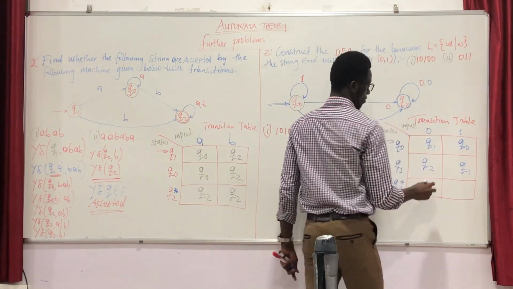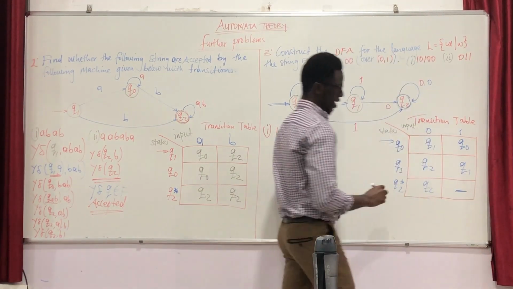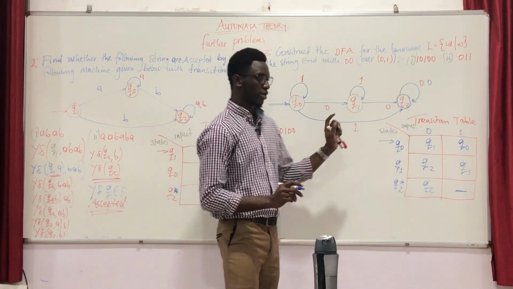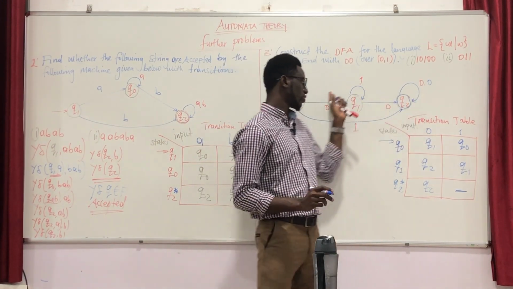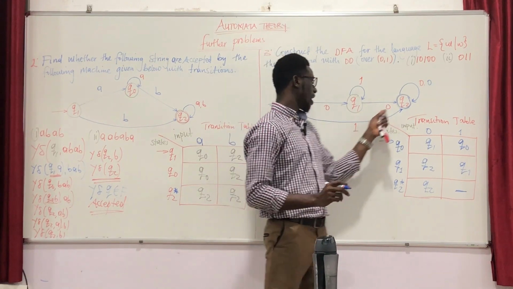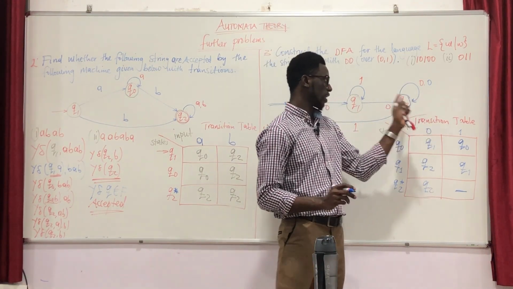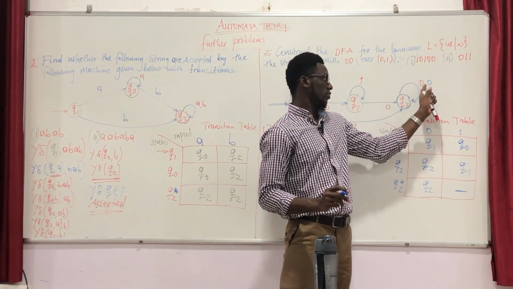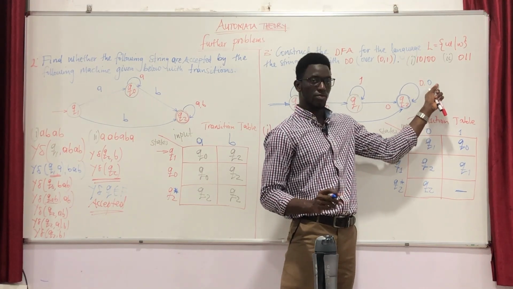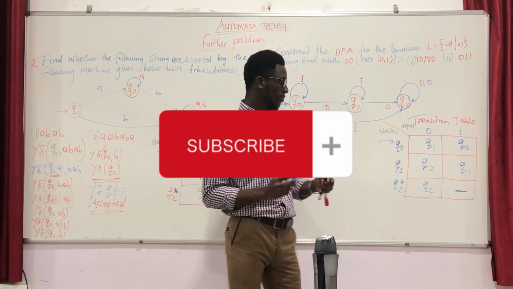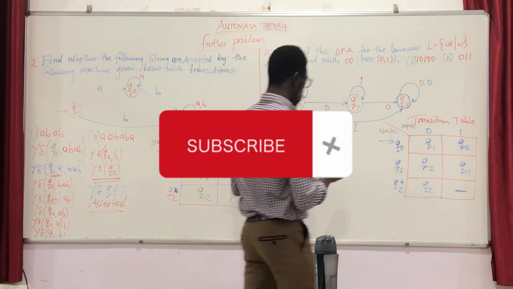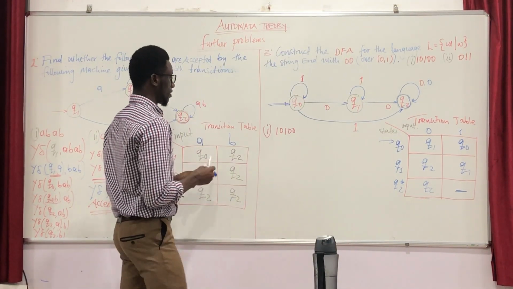But the choice is yours. If you want, you can add 1 here, but mind you, you need to end with 0, 0. That's the condition, so we need to leave this one blank because of the condition here.